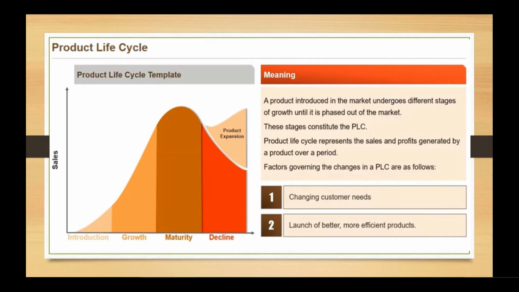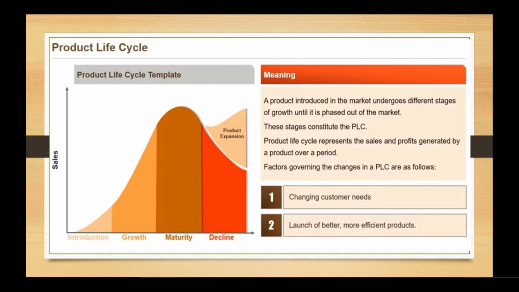Then another reason for the changes in the stages of the product's life cycle could be launch of better and more efficient products. Maybe your competitors have come up with some efficient products which are a better version of your product, and suddenly the customers start preferring other products over your product.